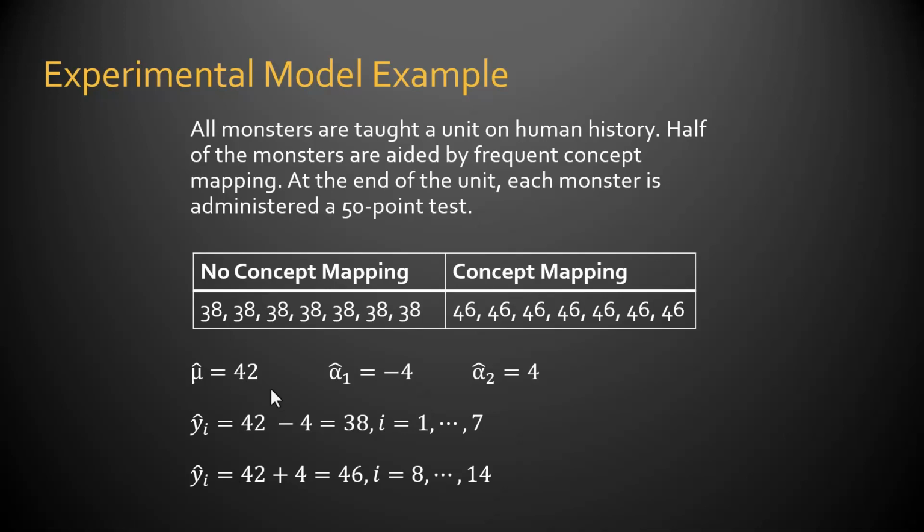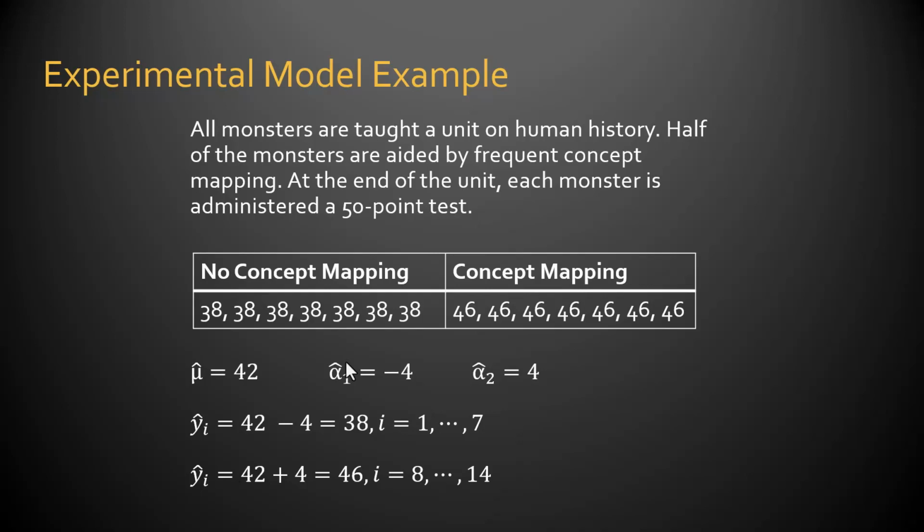Now, does -4 mean that being in the no concept mapping group was negative, was detrimental to these monsters? No, it's -4 relative to the baseline of 42. If we had used as a baseline 0, well then these monsters would be 38 above 0.